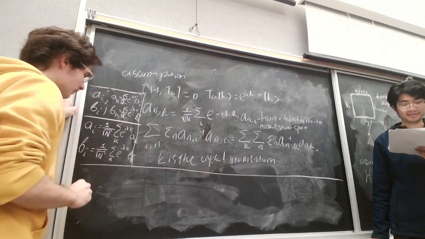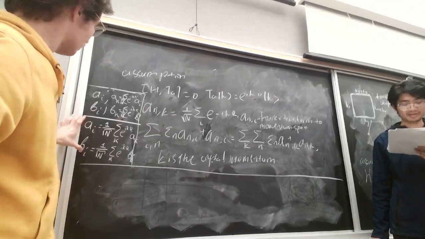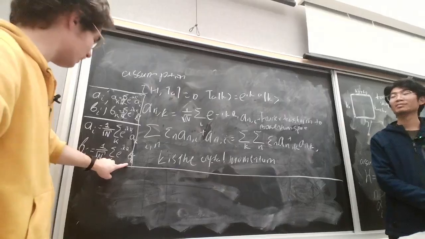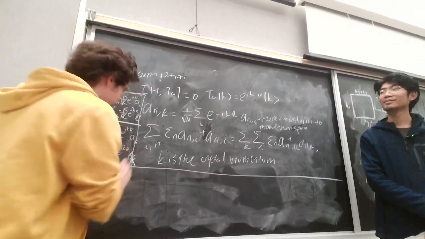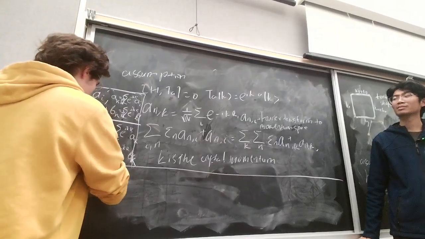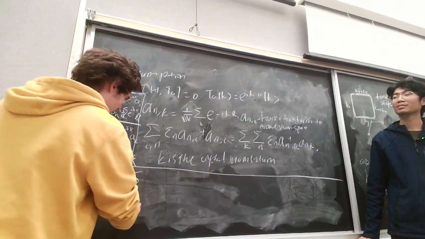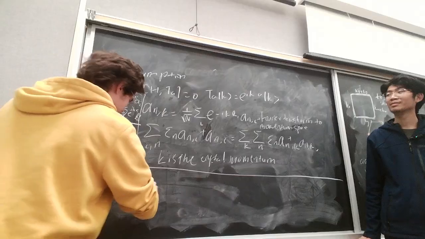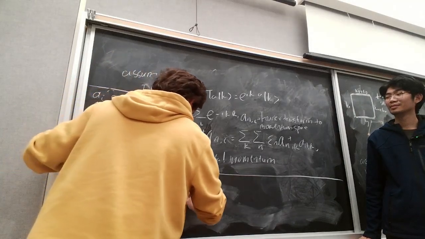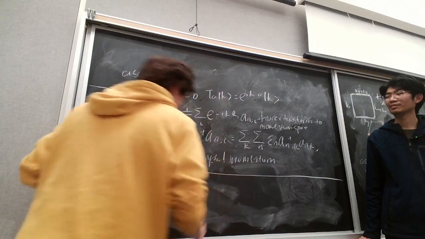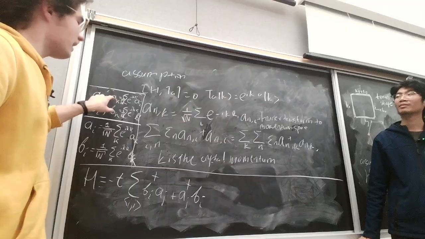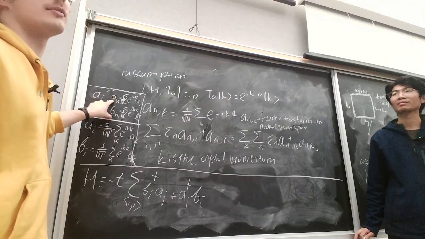Now, I have these A_i, B_i in terms of the A_k, B_k. Do you agree? My Hamiltonian was written in terms of the sum over i, j of B_i A_j, in terms of these. And I'm saying that if I go to this A_k, B_k basis, life will be a lot simpler.